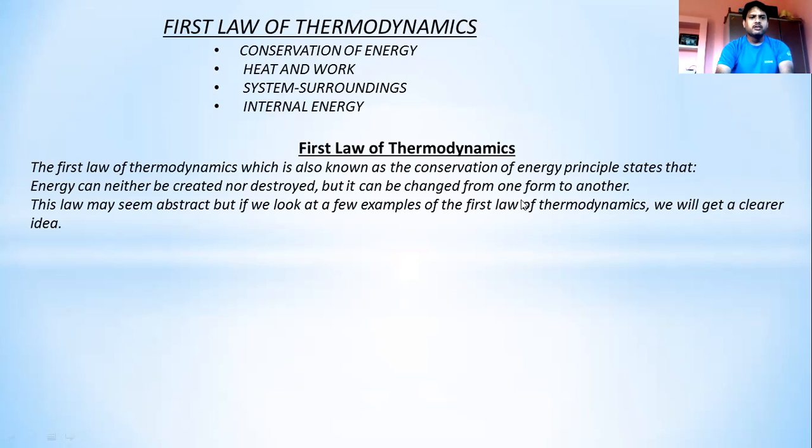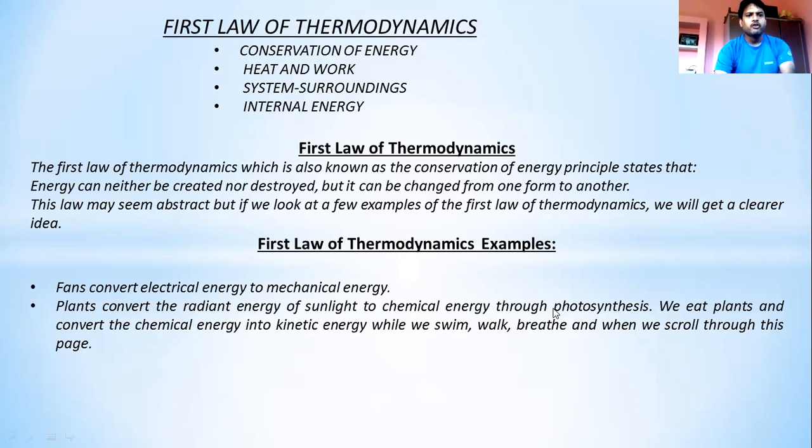This law may seem abstract, but if you look at examples, we will get a clearer idea. Fans are run by electrical energy, and whenever a fan is running, heat is produced. That means electrical energy is getting converted to mechanical energy.